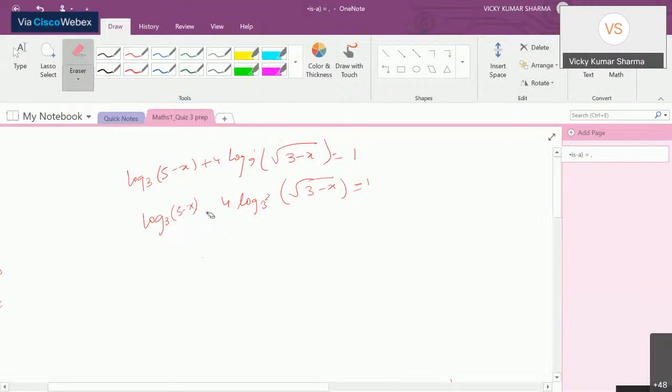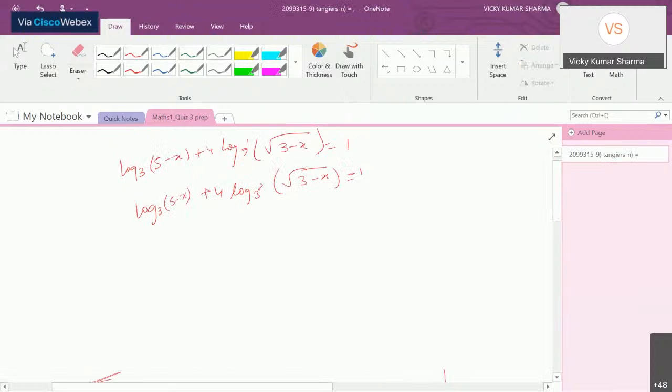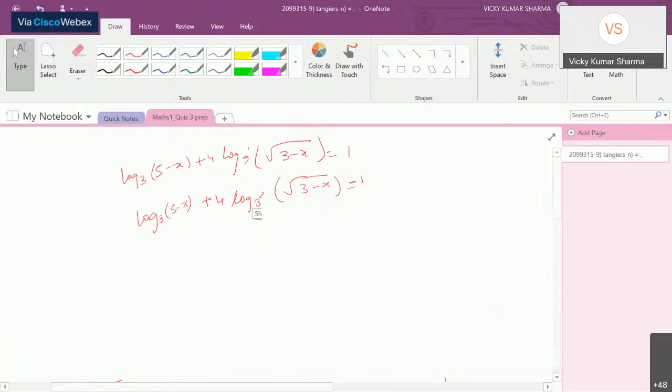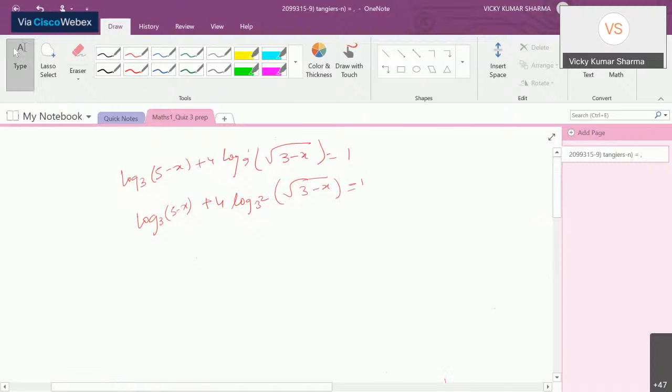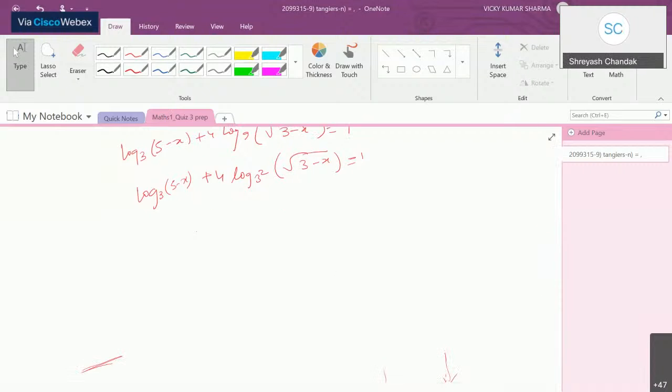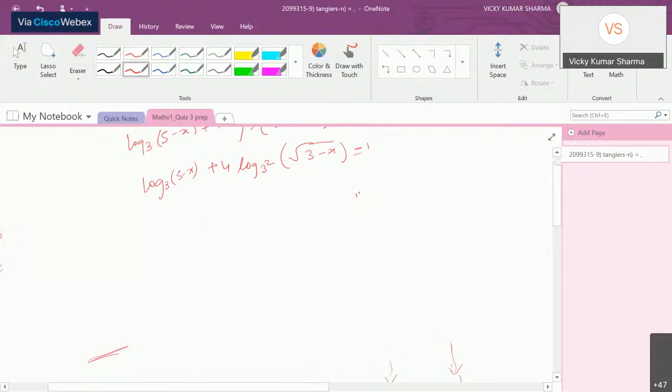Okay. So if this is the question, what we can write is like this. Who was Punit? Shreyas, yes. So we can definitely bring everyone in base 3. Now you remember this formula, which was discussed even in the graded or practice solution, a derived formula.